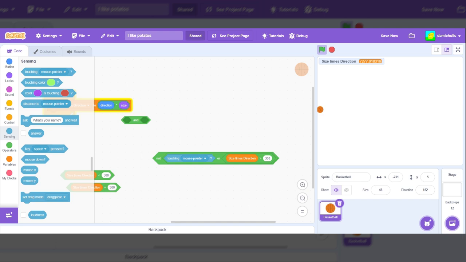Do the inner things first and then the outside things. If the inner one is true, then it will switch it to false. If the inner one is false, then it will switch it to true. That's how it works.